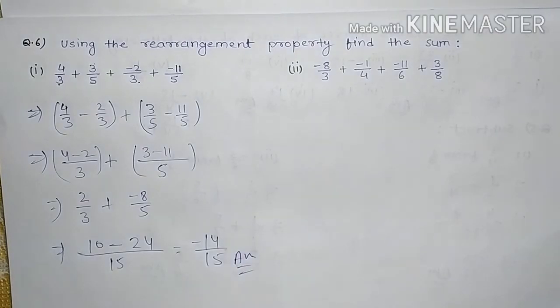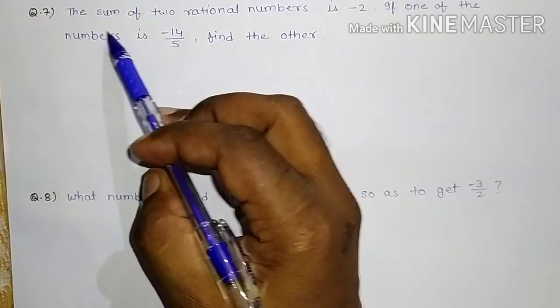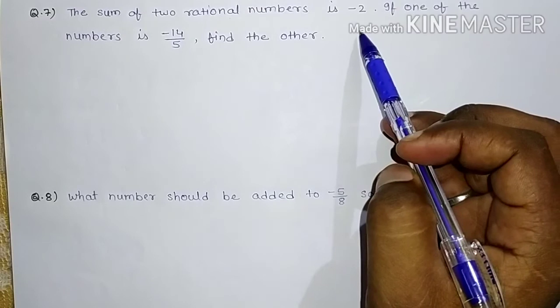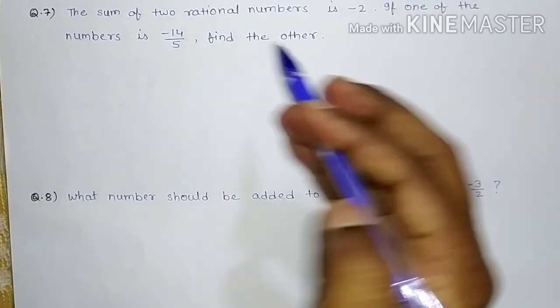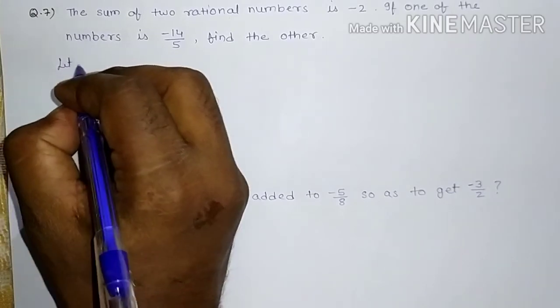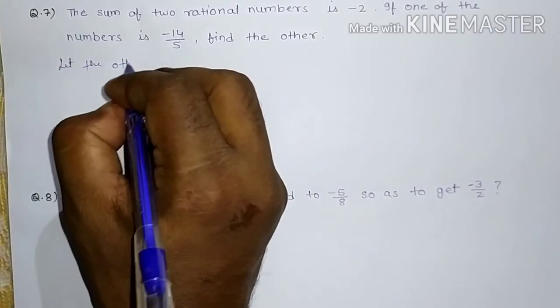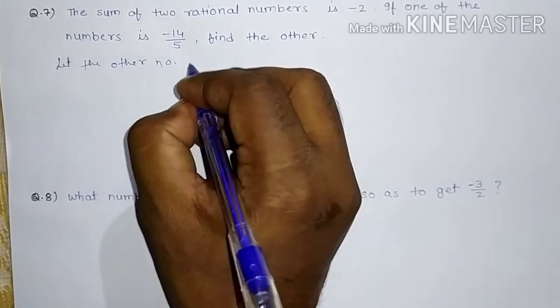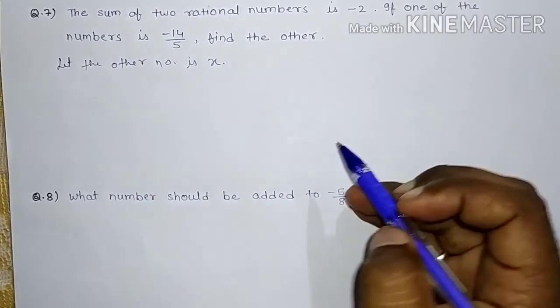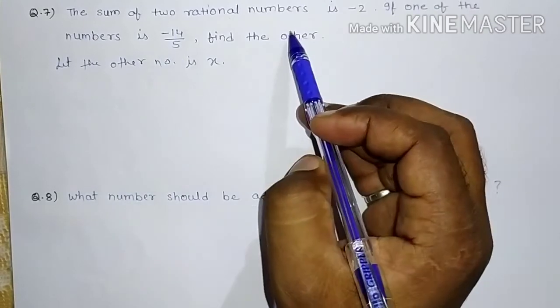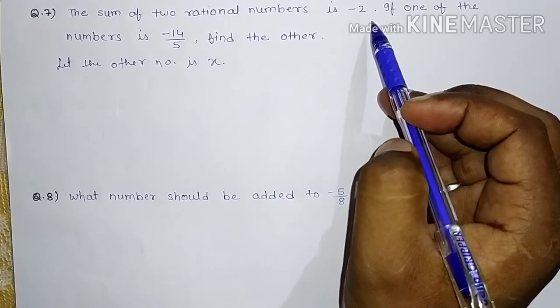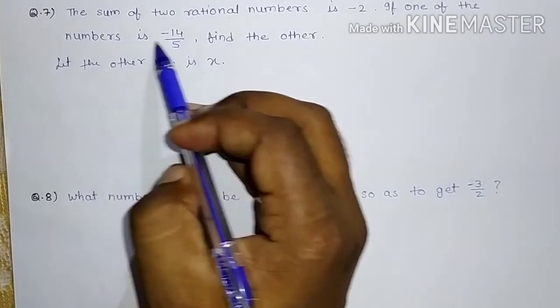Now the next question. The sum of two rational numbers is minus 2. If one of the numbers is minus 14 upon 5, find the other. So let the other number be x. The question says the sum of two rational numbers is minus 2, and one of the numbers is minus 14 upon 5.